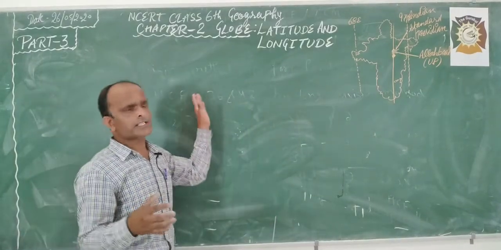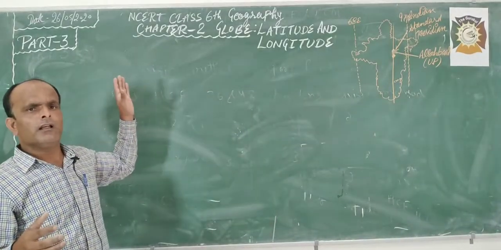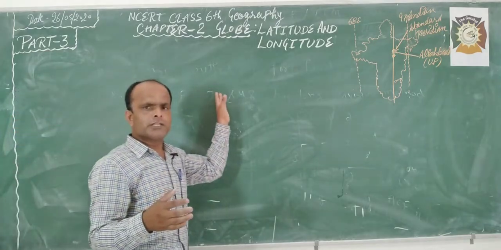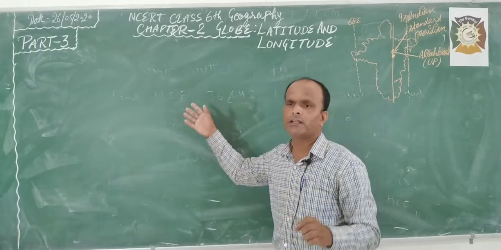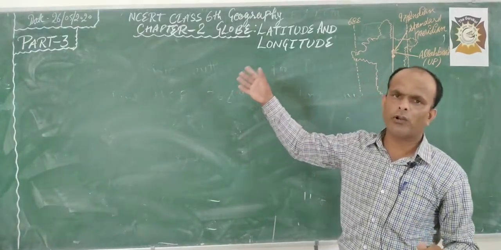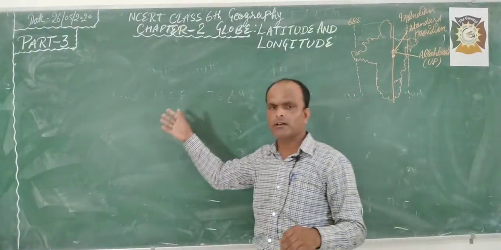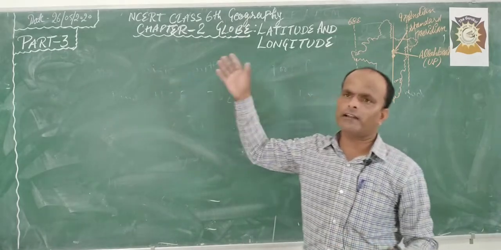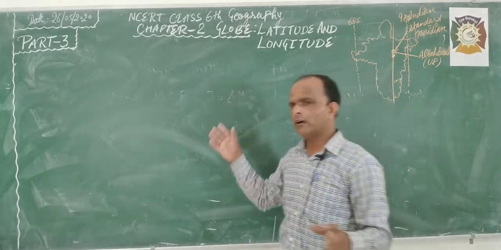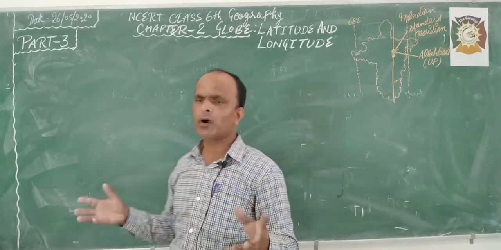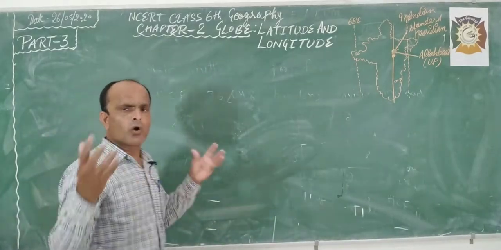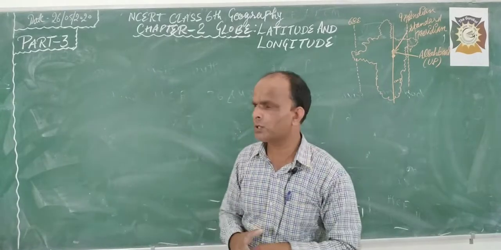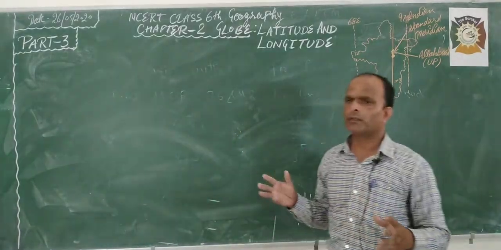Further, we discussed latitudes, the four parallels of latitude: the Tropic of Capricorn, Tropic of Cancer, Arctic Circle, and Antarctic Circle. After this we discussed the heat zones of the earth: the torrid zone, temperate zone, and frigid zone.